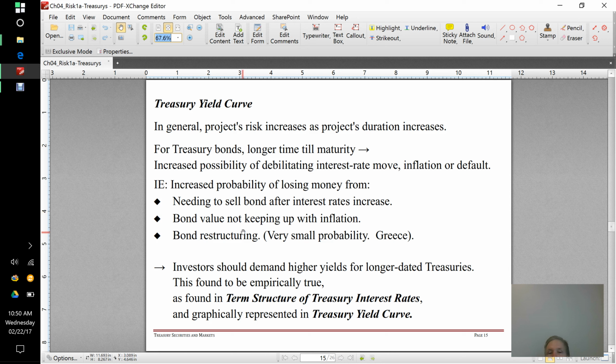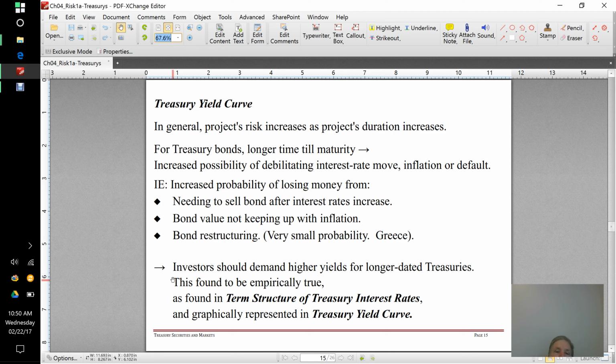So this would manifest itself if you needed to sell the bond, as in the other two examples. The bond value could simply not keep up with inflation if inflation actually goes up during this period. And the default would mean a bond restructuring. Very small probability of that in the US, but this actually happened in Greece. So it does happen to some sovereigns, and it is a low probability possibility, but it is a real possibility.